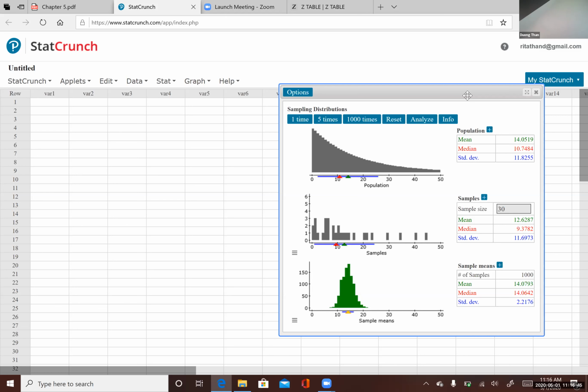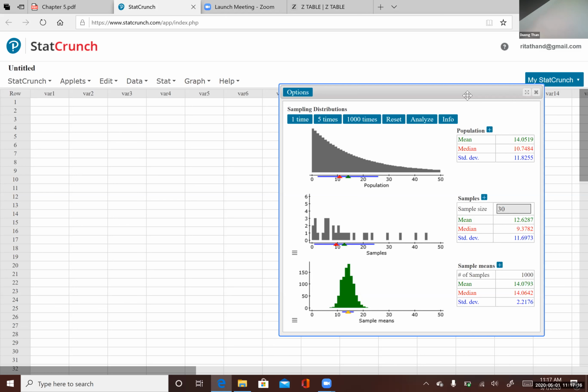So as we increase the size of the samples that you're taking from the populations, the distribution of the sample means approaches the normal distribution. And the mean of the sampling means is the same as the mean of the populations, and the standard deviation of the sampling means is much smaller compared to the standard deviation of the populations.